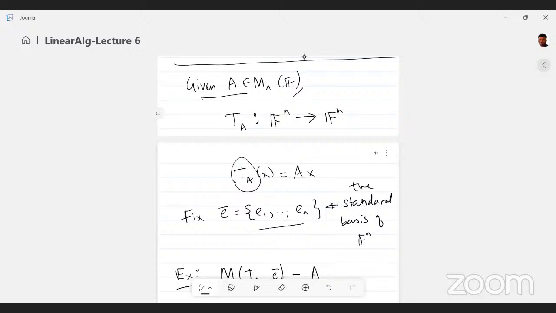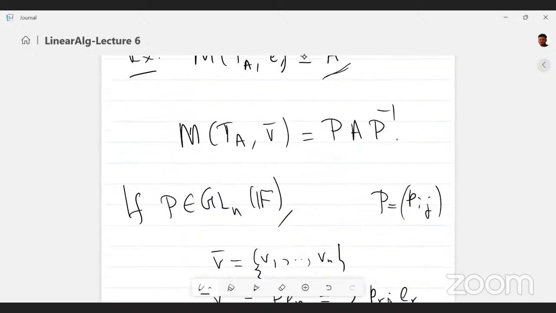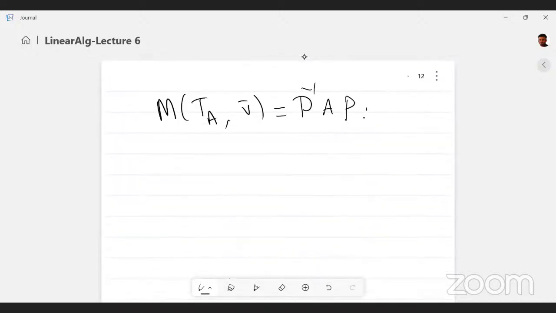You can simply look at the linear transformation TA, given by TA of x equal to Ax, and find a suitable basis of this n-dimensional space such that you write the matrix of TA with respect to that basis. That matrix will be conjugate to A, and if it looks simpler, that is the simplest form you are looking for in that similarity class.